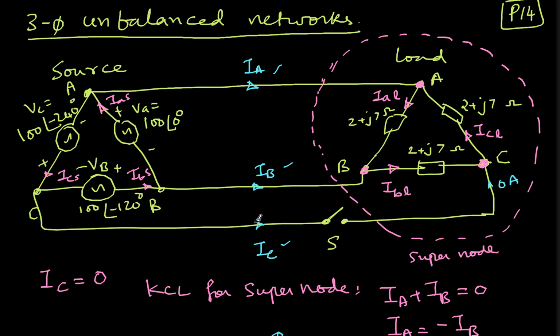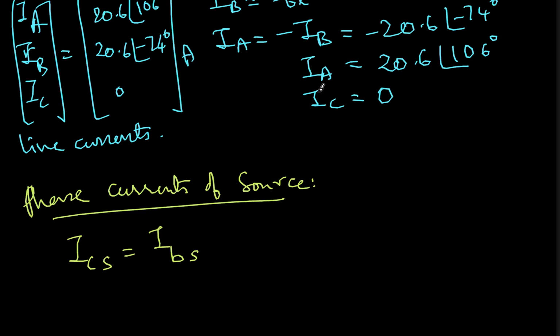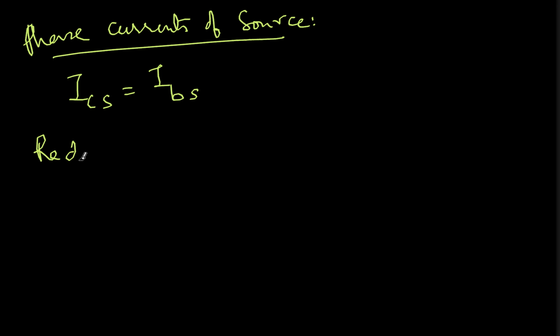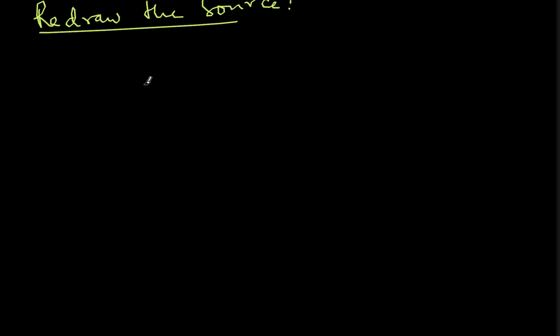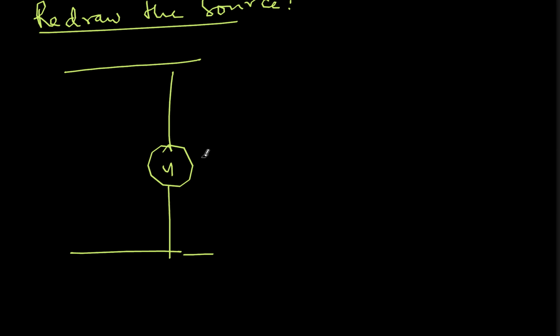So VA, VB and VC are here. Let me redraw the source. I just take only two bus bars. This is VA, 100 angle 0 degrees.